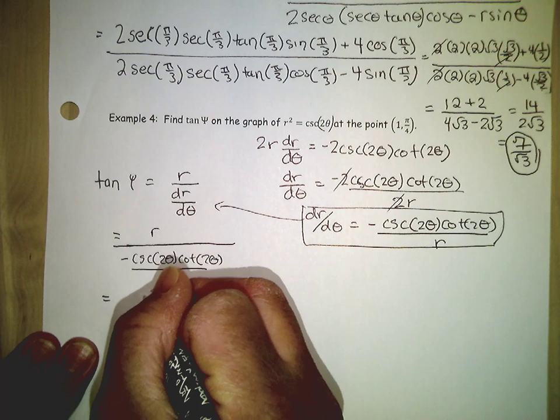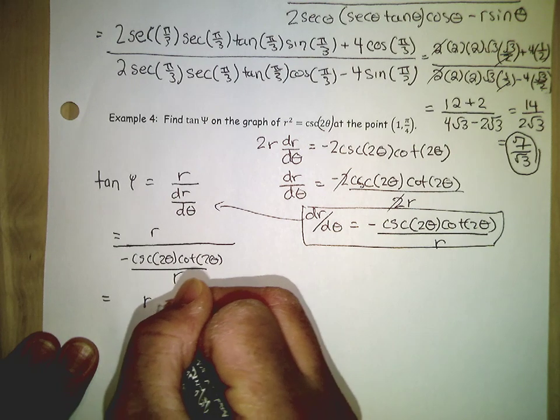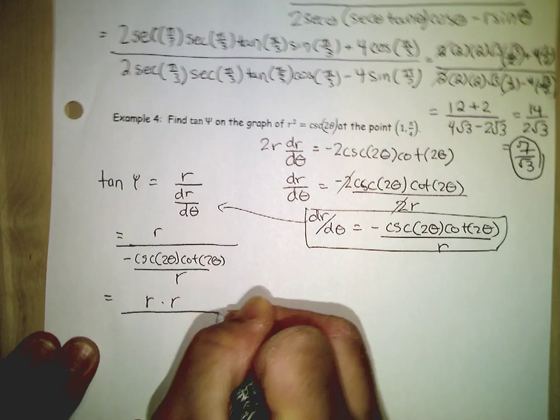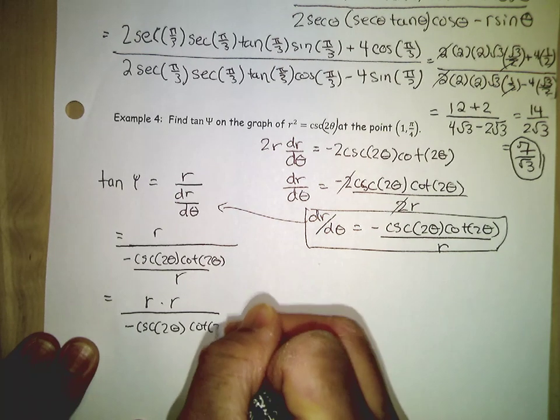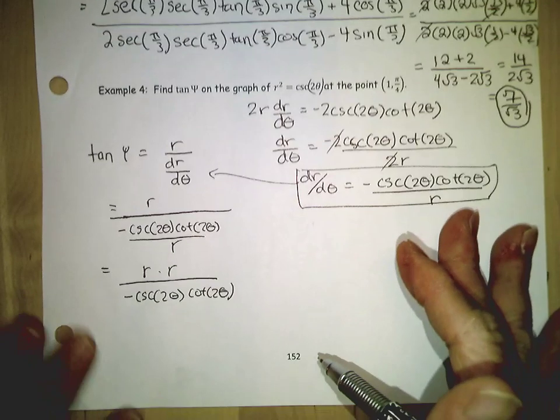So what do we have? r times the r over negative cosecant 2 theta cotangent 2 theta.